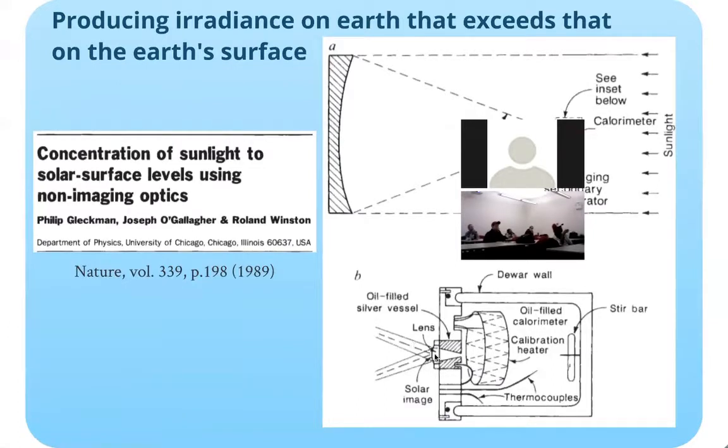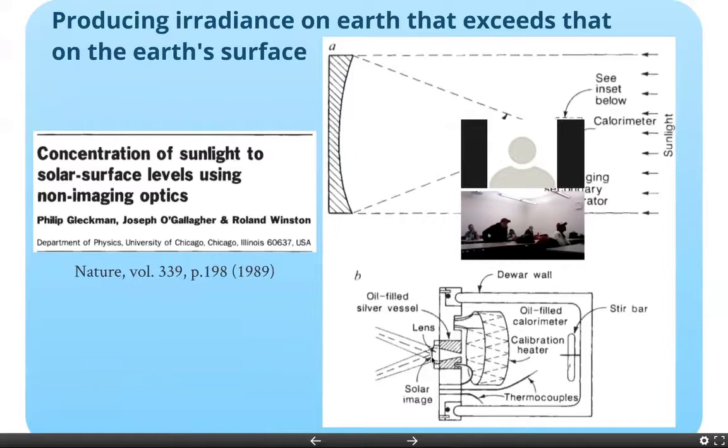It basically collects the light and focuses it down to a calorimeter. It's an oil-filled calorimeter that's heated up, and they have a very precisely calibrated heater here, which allows them to measure the temperature with these thermocouples. So the image of the sun is formed here. And because this whole thing is inside the oil, you get a higher refractive index.